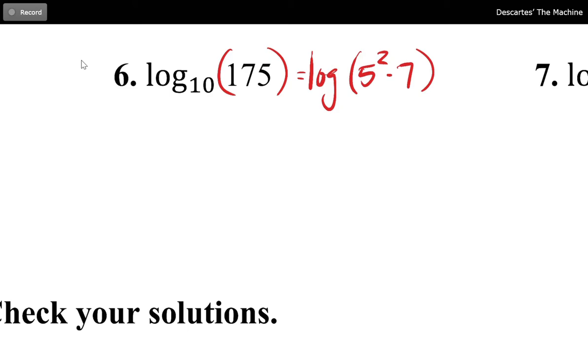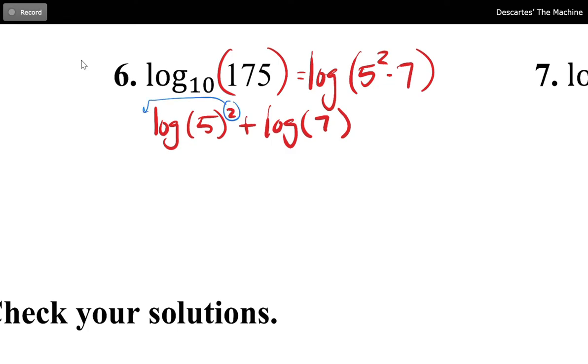So I have to separate the 5 from the 7 before I can do the exponent. So this becomes now log of 5 squared, plus or minus? It's plus. Log of 7. And now I can bring the exponent down as a multiplier. This now becomes 2 times log of 5 plus log of 7.